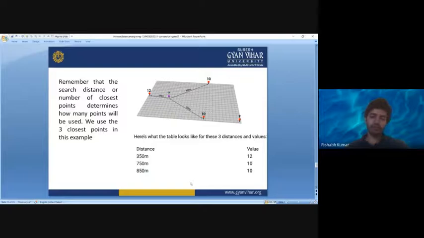What was the formula? If you remember, we provide weight to each input, the inverse of the distance, and we can modify that weight by choosing the exponent or power, the value of n.